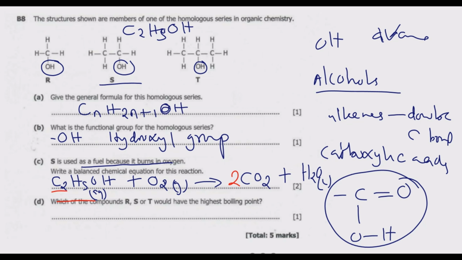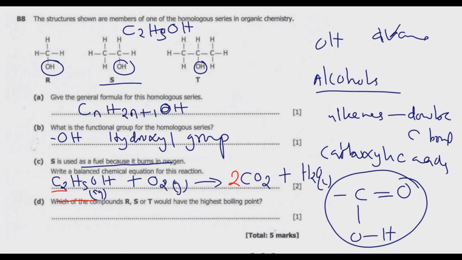Which of the compounds R, S or T would have the highest boiling point? When you're dealing with organic compounds, larger molecules tend to have a higher boiling point because of so many bonds holding that large molecule together.